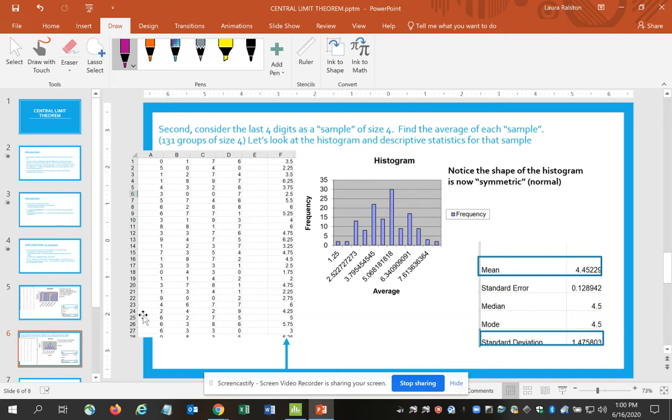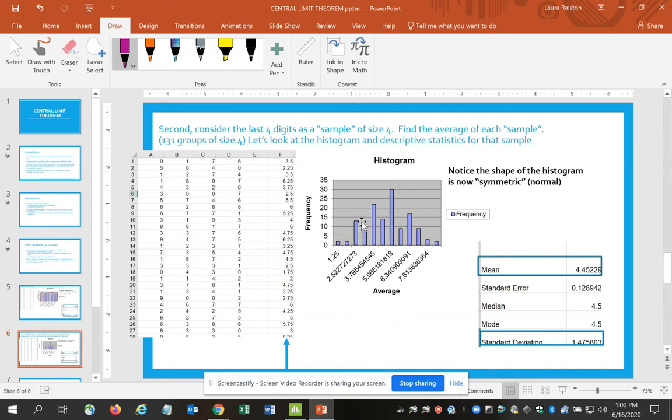If you want to skip down and look at row 20, for example, I had 3, 7, 8, 1. So 3 plus 7 is 10, plus 8 is 18, plus 1 is 19, divided by 4. Hopefully you get the idea there. We looked at each row as a group of 4 and found the mean, or the average, for the group.